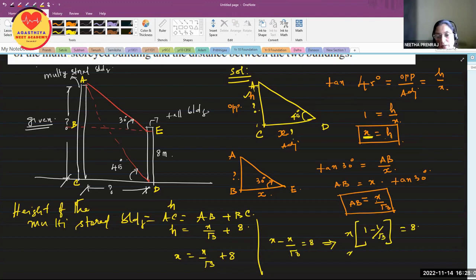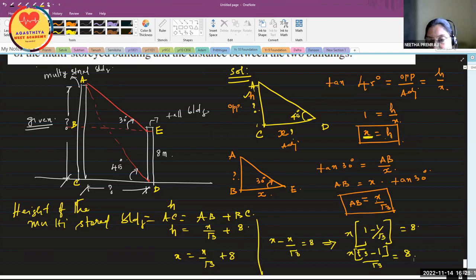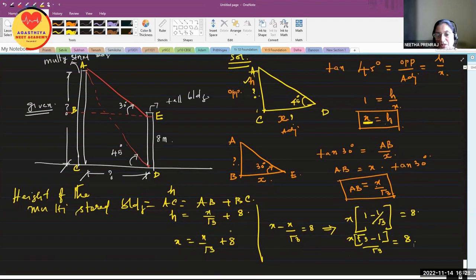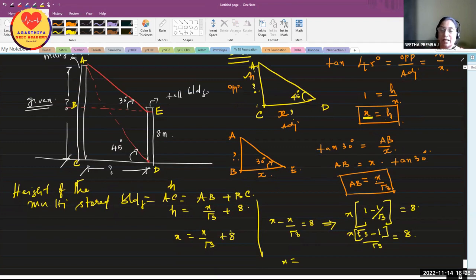So X is equal to what? X times root 3 minus 1 by root 3 is equal to 8. Then X is equal to 8 root 3 divided by root 3 minus 1. Actually, I told you there should be no root in the denominator, right?